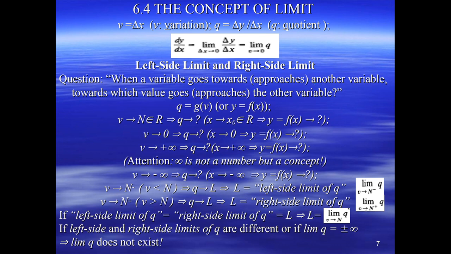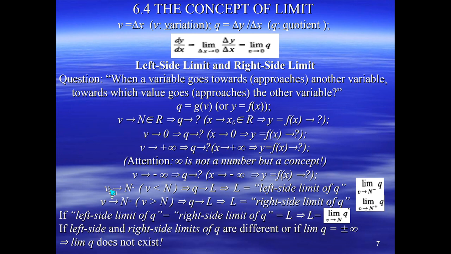You diminish your numbers and you go towards minus infinity. You never reach it. X goes to minus infinity. X is not equal to minus infinity. X goes to minus infinity. This arrow means this. And where does y go when x goes to minus infinity? The answer is the limit of y when x goes to minus infinity.